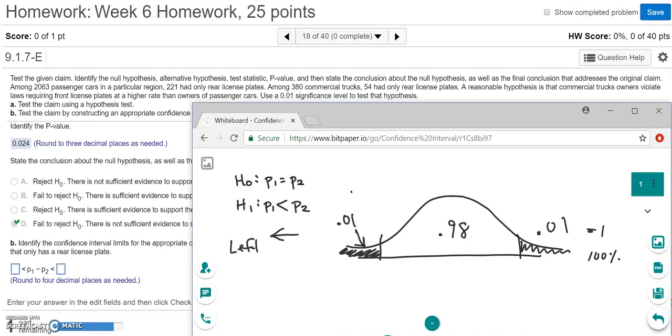You can think of this as 1% and 98% and another 1%. Same idea. So the confidence level that I need in order to produce a confidence interval that will correspond to this particular hypothesis test will be 98%.